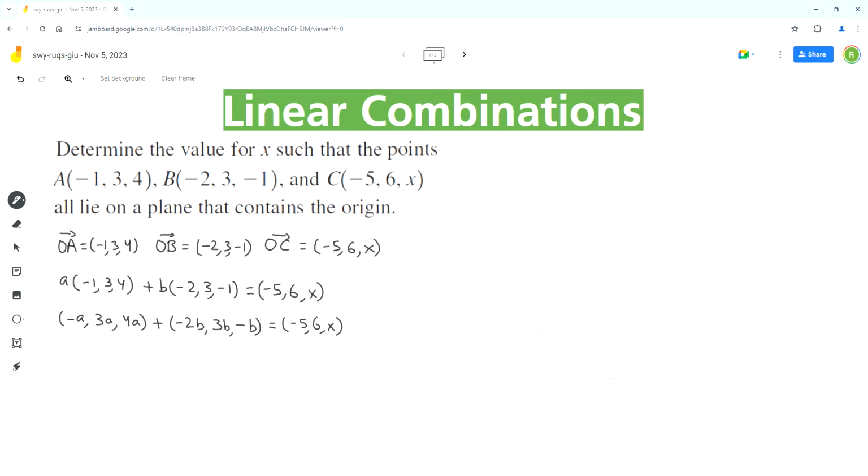Now we can add the two vectors on the left side. So negative a plus negative 2b is equal to negative a minus 2b. So we added the x component. Now we can add the y component. And now we can add the z component.